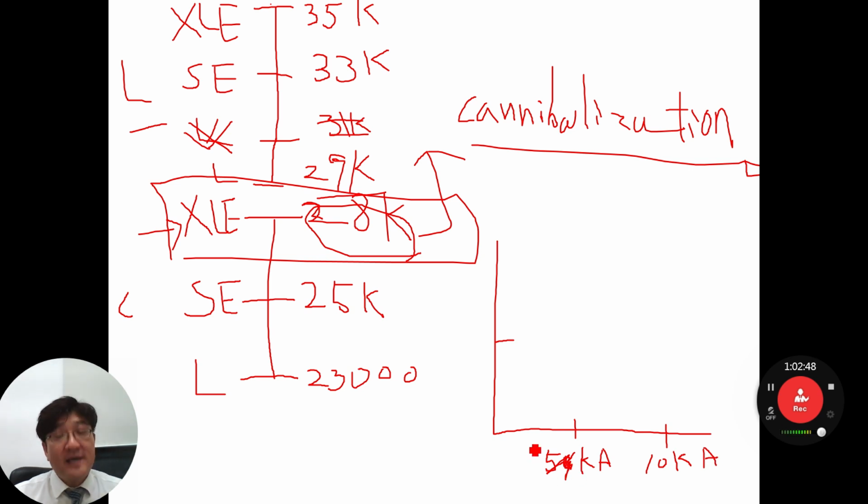Let's suppose the price for the 5k ampere is 50,000 won in Korean.